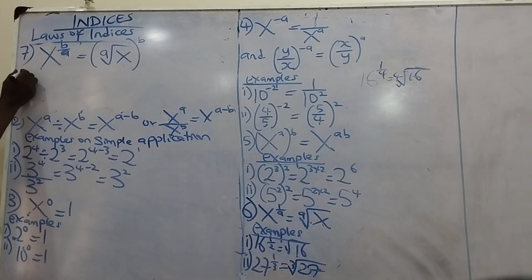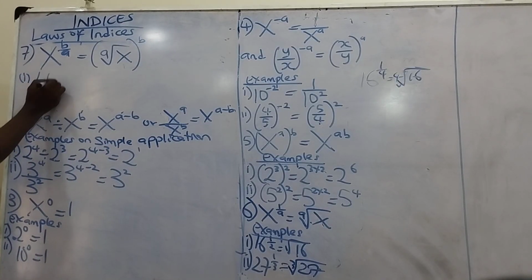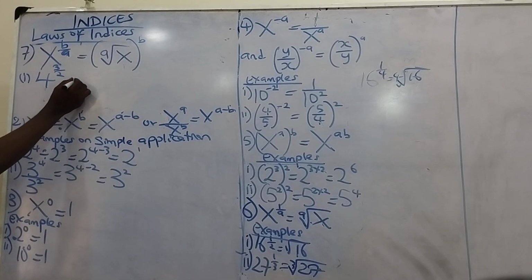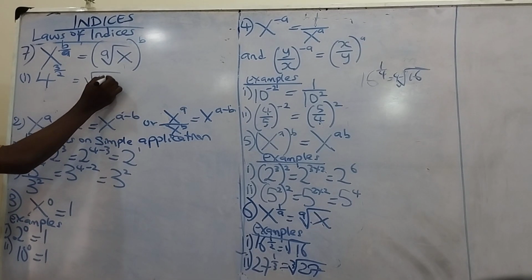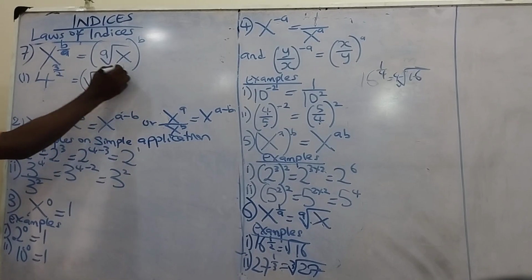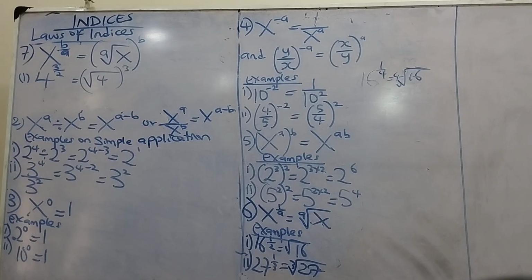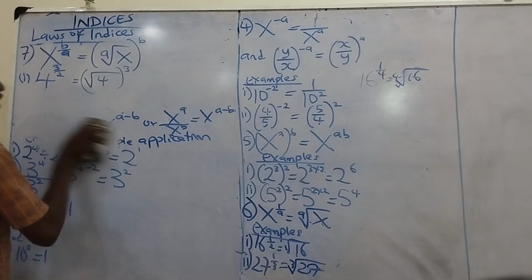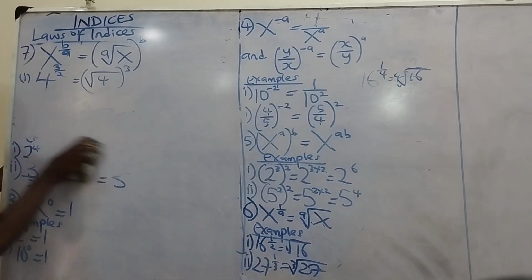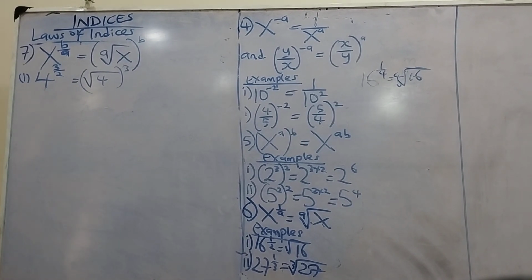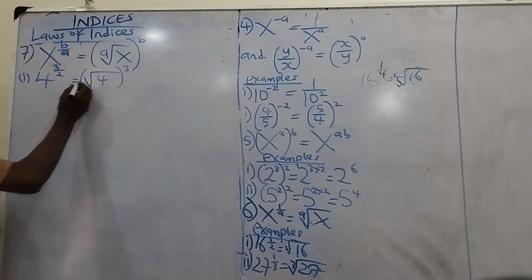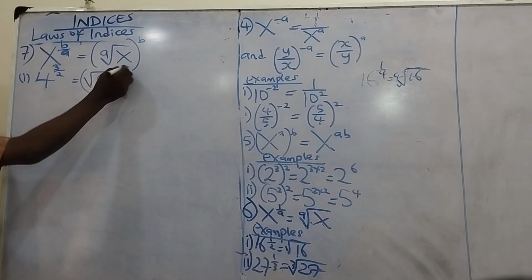So these are the applications. For example, we have 4 raised to the power of 3 over 2. Once it's 2, it is square root, so that is the square root of 4, all in bracket, raised to the power of 3.